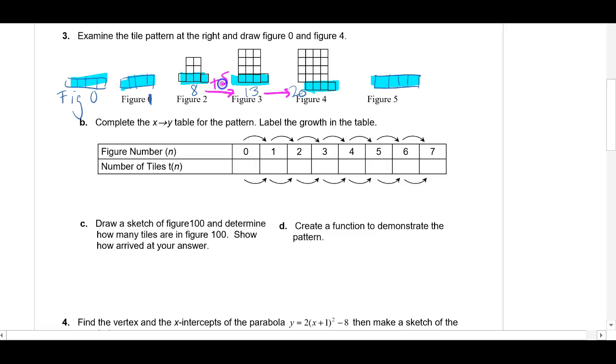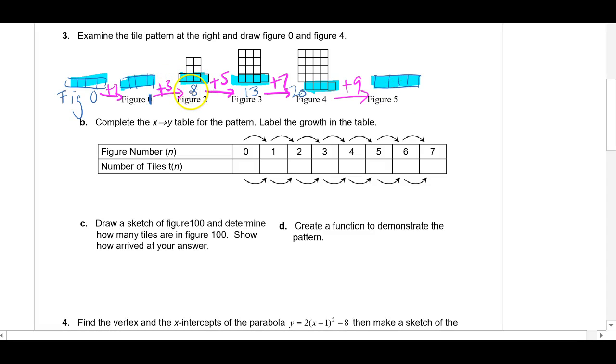Well, here we're increasing by 5. Here we increase by 7. So that means most likely we're going to increase on the next one by 9, because it seems to be increasing by odd numbers. So then that means this would have had to have been plus 3, and this one would have had to have been plus 1. And that'll help us figure out how many blocks we should have in our missing figures.